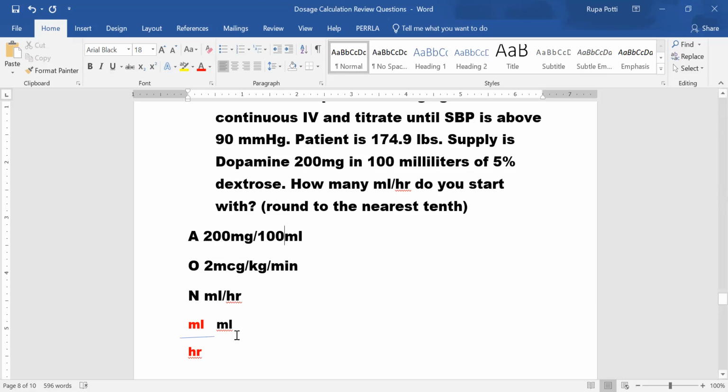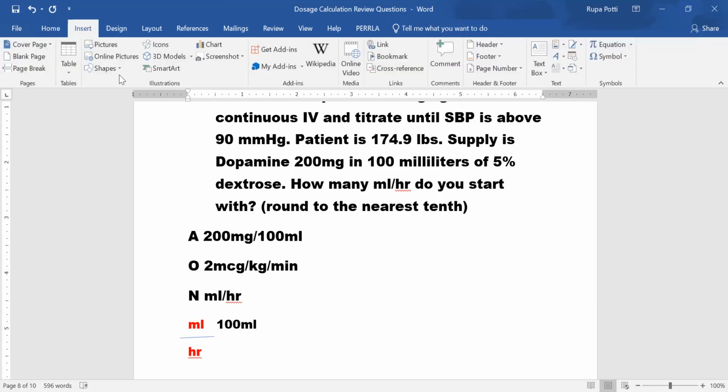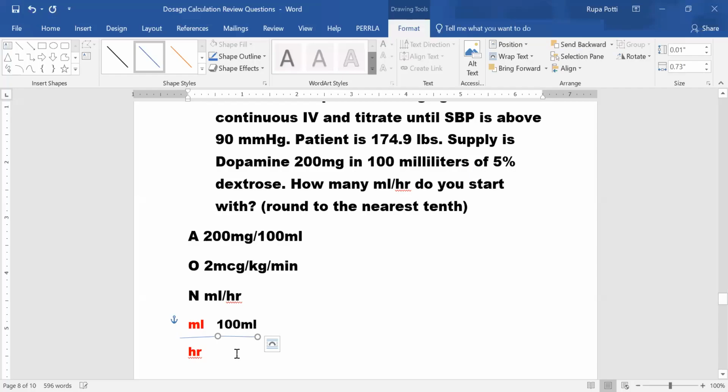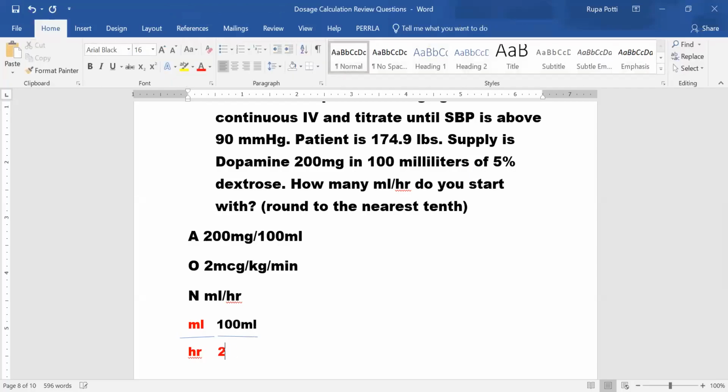As you look at the problem itself, what has ml? I see 100 ml here. So now I'm going to do that 100 ml. What is that 100 ml associated with? That 100 ml is associated with your medication, your 200 milligrams of the medication itself.